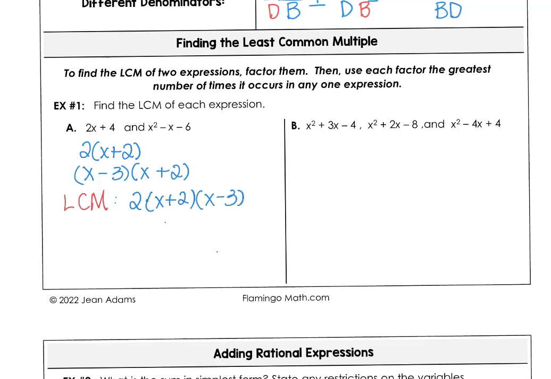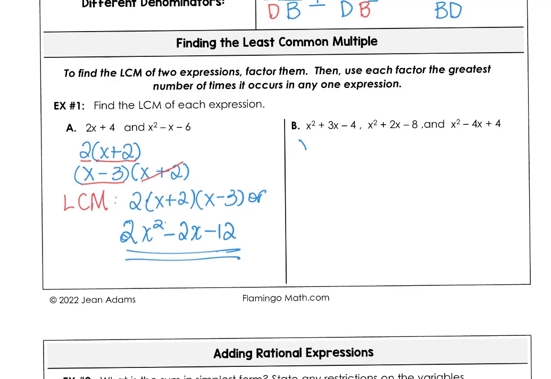And you can see we've got an x plus 2 in the first factorization with the 2, so we need those 3 terms multiplied together. And if you wanted to multiply and expand that out, that would be 2x squared minus 2x minus 12. So either this answer or this answer would be appropriate.